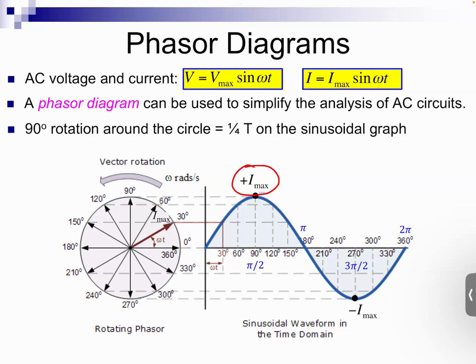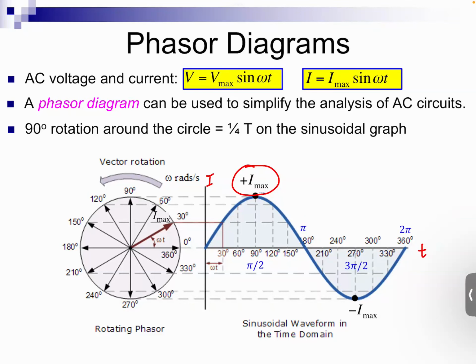The y-axis here gives you current, and the x-axis gives you time. What that means is over time, the magnitude or the amplitude of the current changes, and it's described by this equation here. So when we analyze AC circuits, keep in mind that you have a sinusoidally varying current.